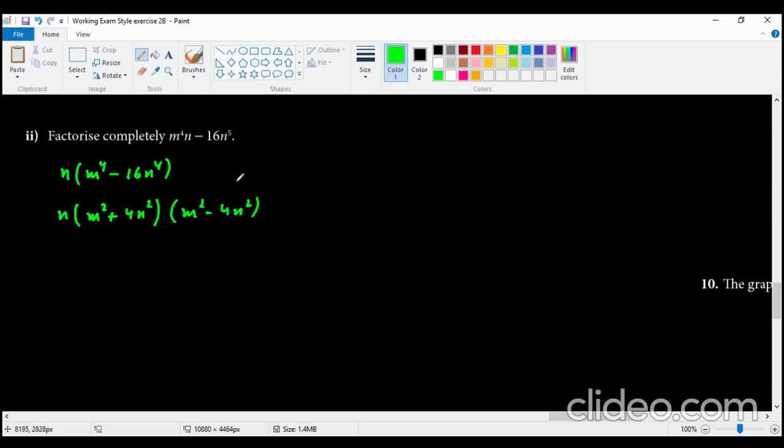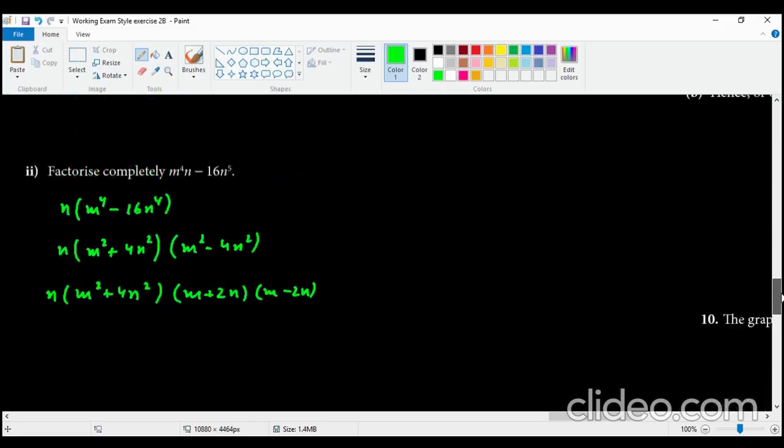As you can see, this whole thing is again a difference of squares. So I will write m square plus 4n square, and this is going to be m plus 2n and m minus 2n. Again, factorize, double factorization. This is going to be the answer for this part of the question.